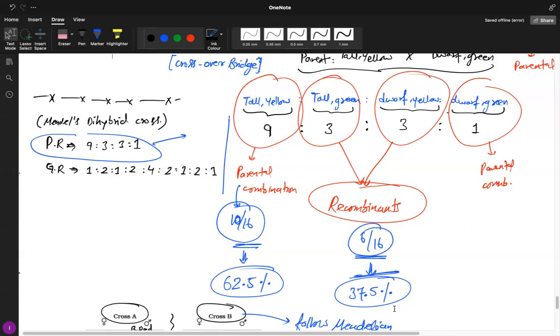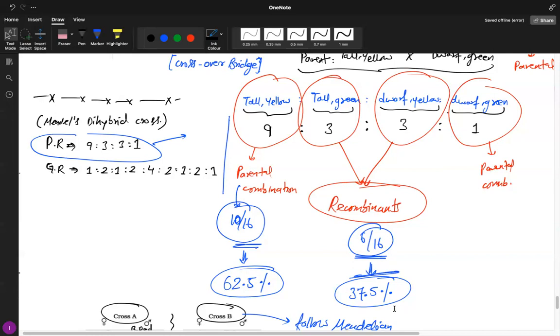If there are more parental combinations in progenies and fewer recombinants in the F2 generation, what could be the reason? What does not allow recombinants to form when two or more genes are inherited together?